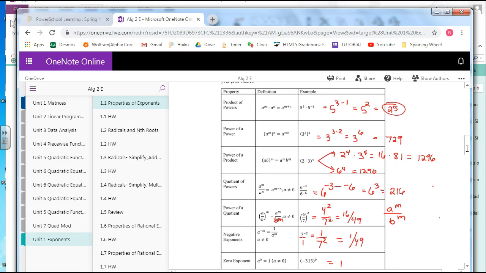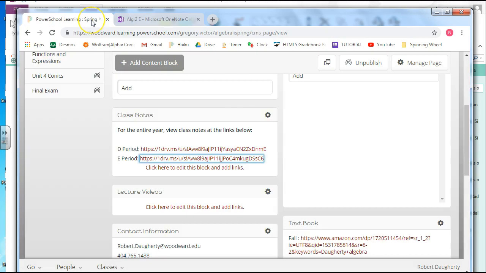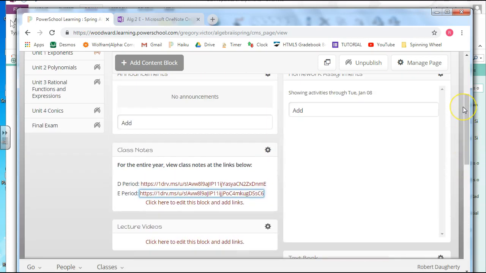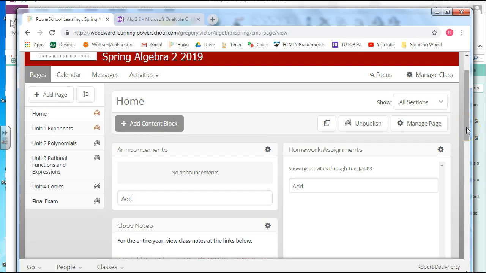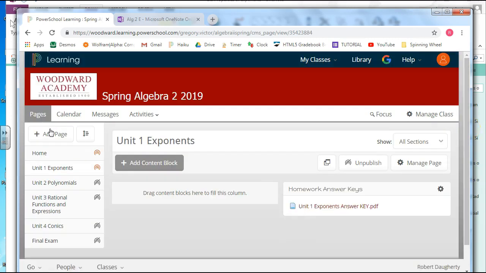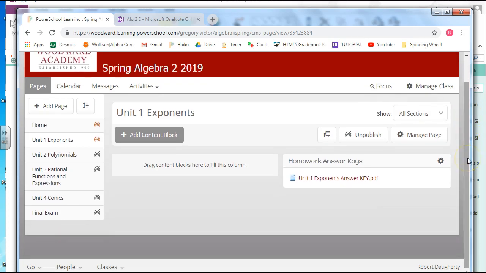The other thing that's on Haiku, let's see if I have the textbook. I think all I have is the answer key. You'll have to let me know if you see any mistakes.